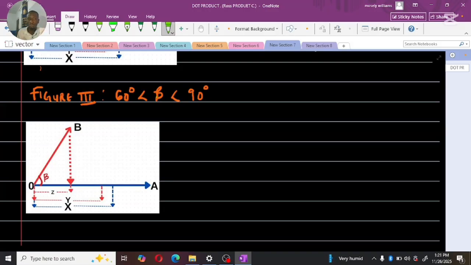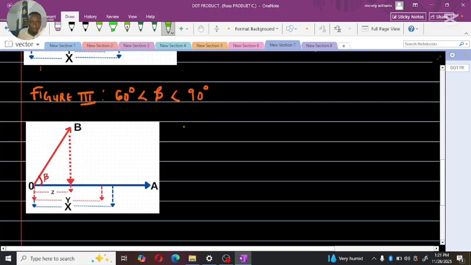So with this, you should get what dot product is all about. We observe that X is greater than Y, and Y is greater than Z.